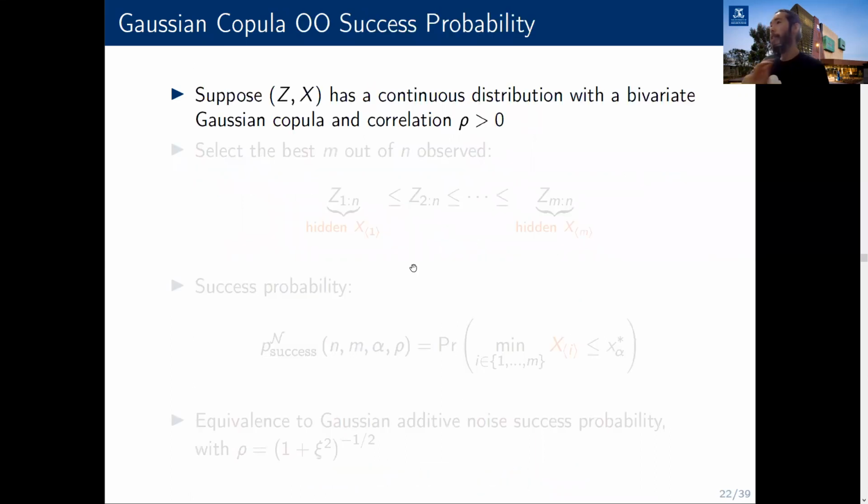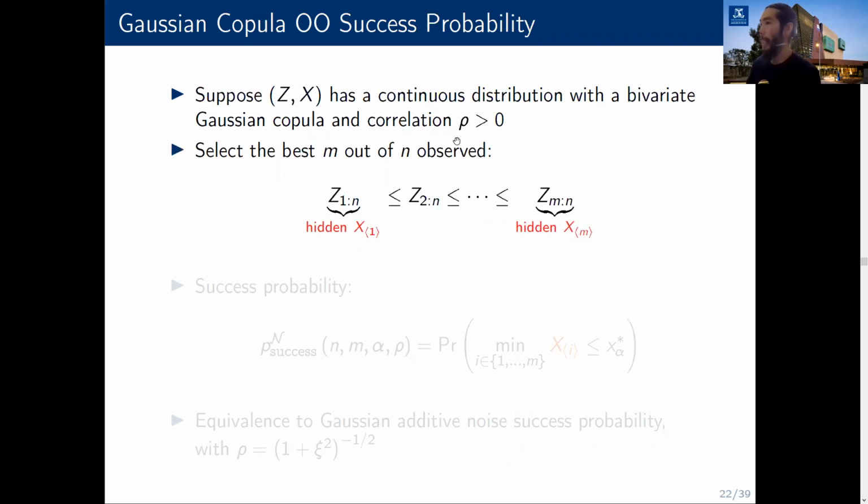So now rephrasing the success probability, we can say that this joint distribution ZX has a continuous distribution with a bivariate Gaussian copula and positive correlation. And as before, we select the best M out of N. So we select Z, but each of these is associated with some hidden X value that we care about.